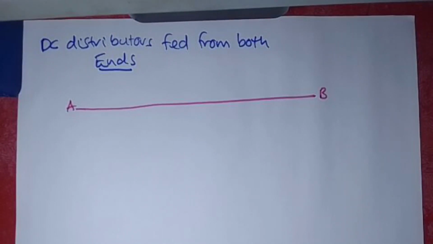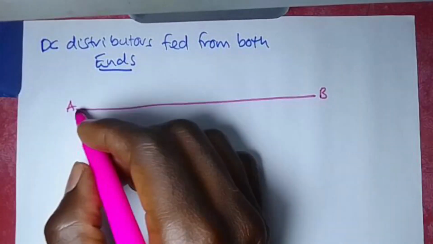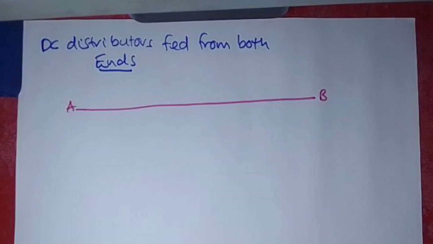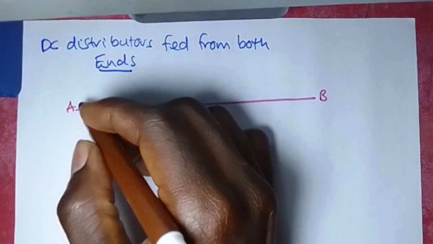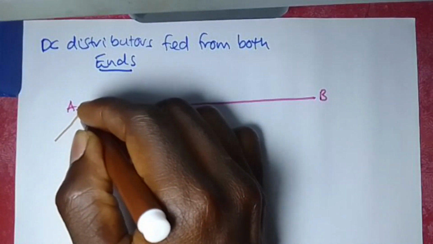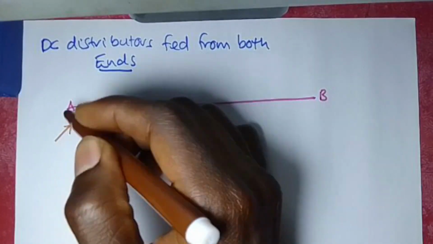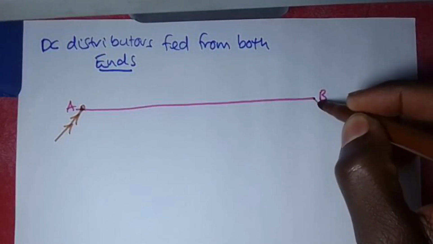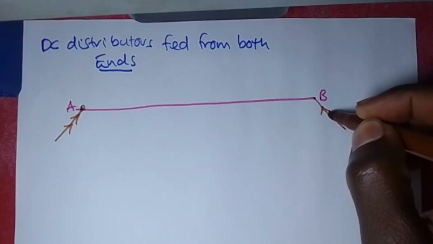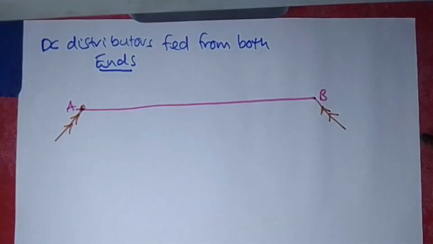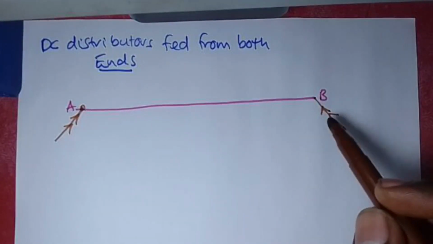It is running up to another end of the line, maybe end B. So it can be supplied with power from each of the opposite ends. So it can have a feeder at point A, and it can also have a feeder at another point B. Okay, so these are my feeders like that.